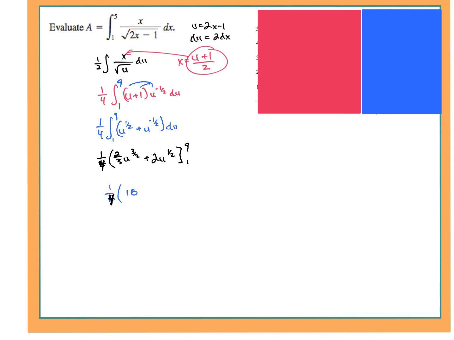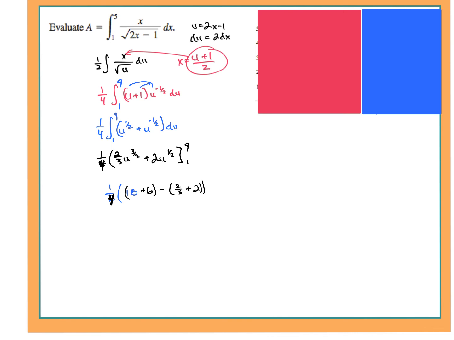So then I get 18, and now I substitute in 9. So 9 to the 1/2 power is 3. 3 times 2 is 6. And then minus. Now I'm going to substitute in 1. So 1 to the 3/2 power is 1. So I end up with 2/3, and then plus 2.